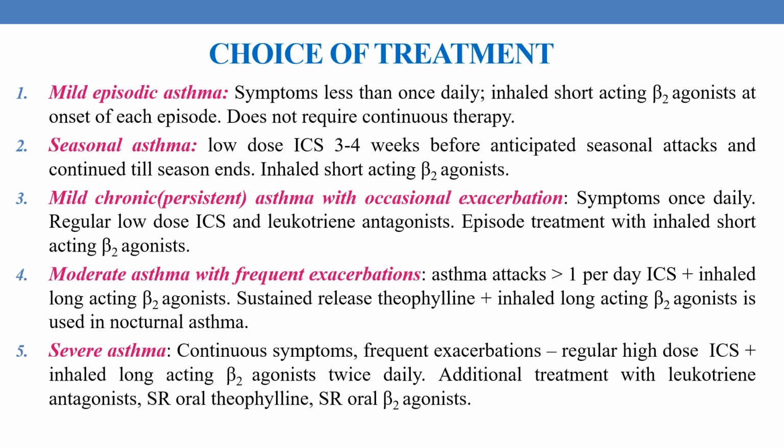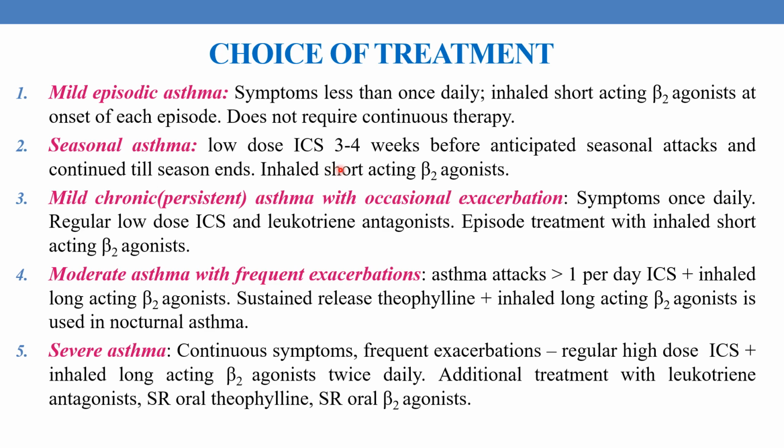Coming to the choice of treatment, for mild episodic asthma, in which symptoms are less than once daily, an inhaled short-acting beta-2 agonist at onset of each episode can be given, and they do not require continuous therapy. For seasonal asthma, low doses of inhalational corticosteroids are given 3 to 4 weeks before the anticipated seasonal attacks and continued till the season ends.